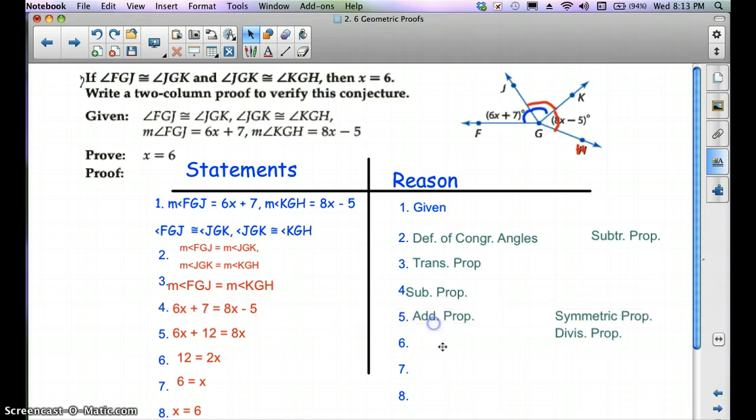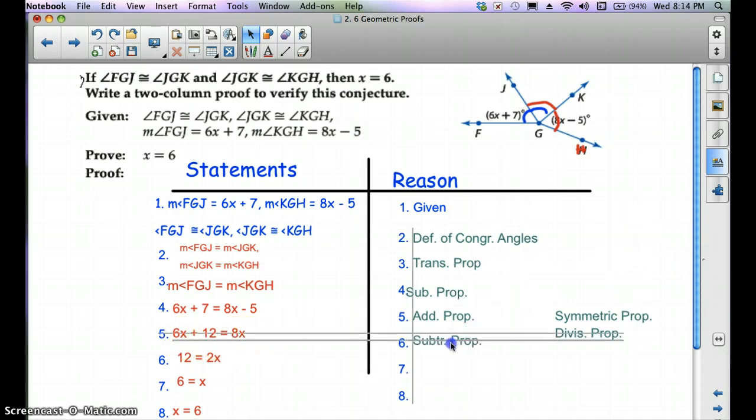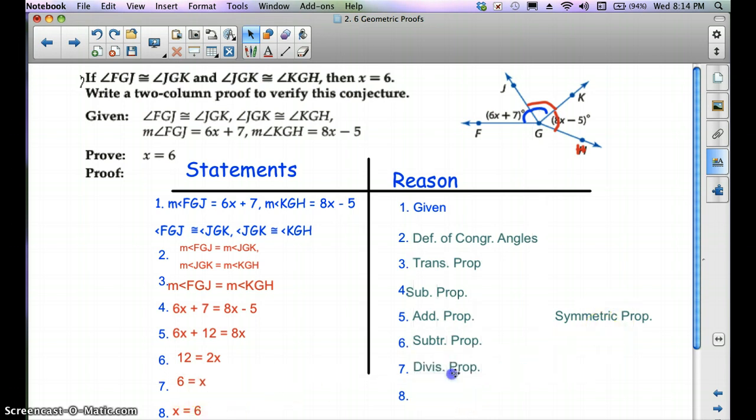Right, I added. I used the additive property. And then on step 6, I got 12 equals 2x. So how did I get from 6x plus 12 equals 8x? The subtraction property. And then, how did I get 6 equals x? Division property.